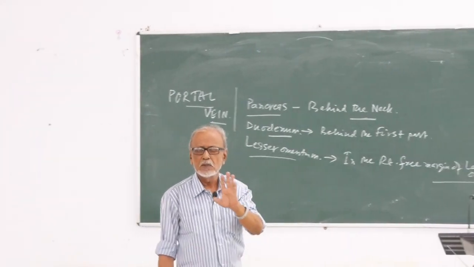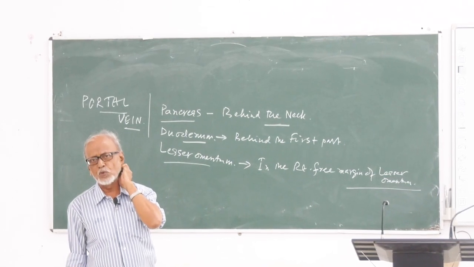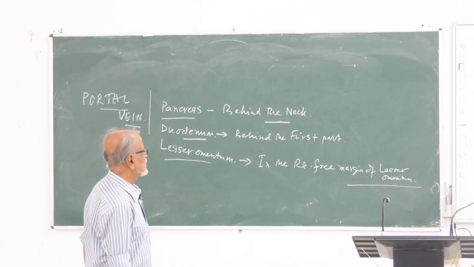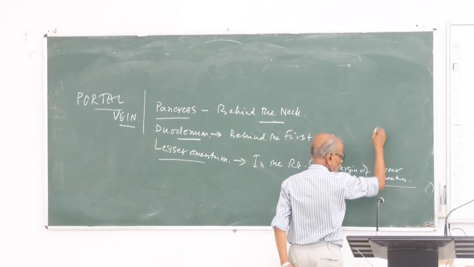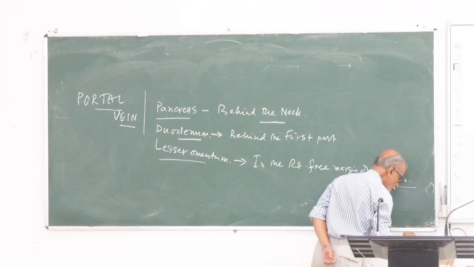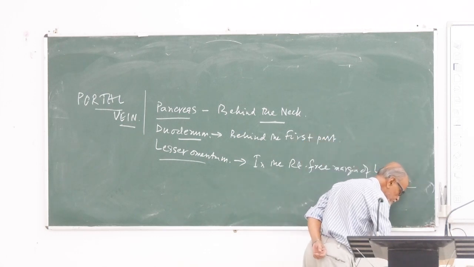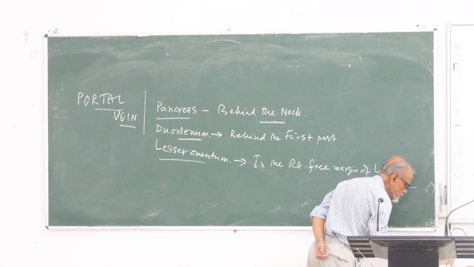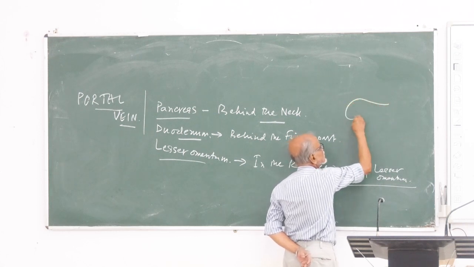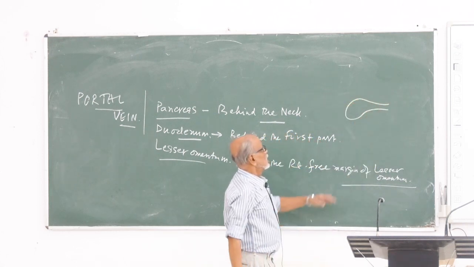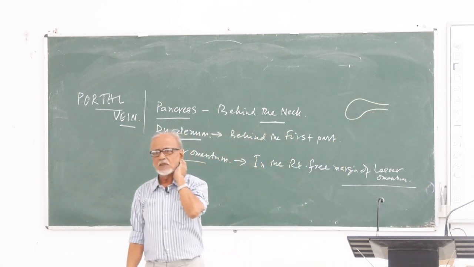Now this segment, I think you have seen in the right free margin of lesser omentum. The right free margin of lesser omentum in a cross section, how does it look like? In a cross section, দেখো, this is the lesser omentum, these are the layers of lesser omentum, ঠিক আছে?